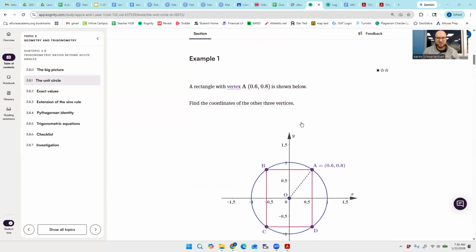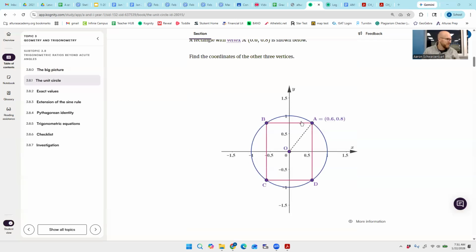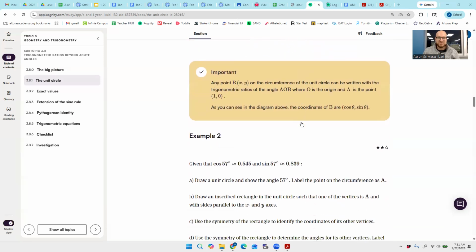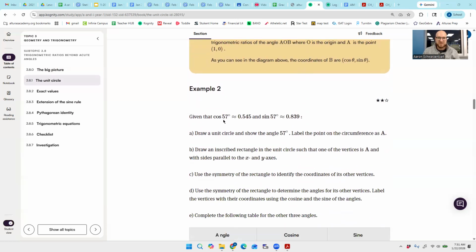You need to know the four quadrants. Given that cosine of 57 equals this and sine of 57 equals that, draw a unit circle and label 57.